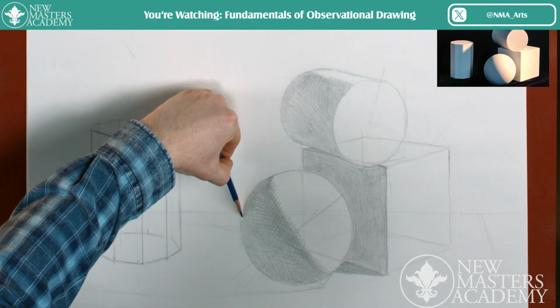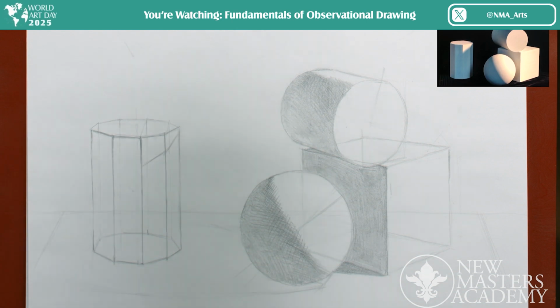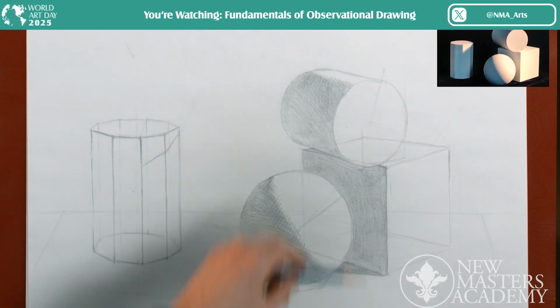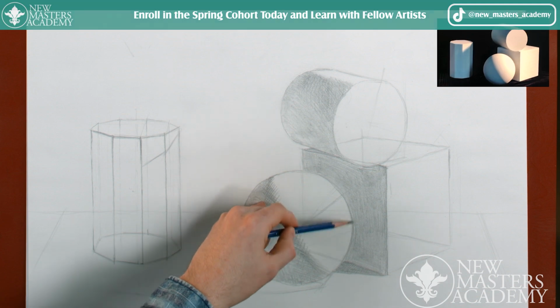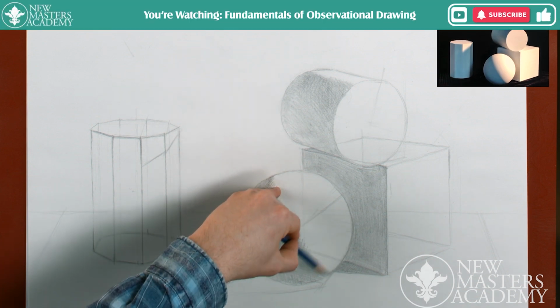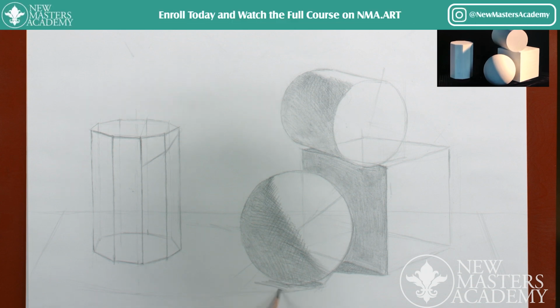I'm going to clean up some of these edges, make them a little more obvious, the outer edges of our forms, our geometric solids. And now it's time to place our cast shadow, which is going to be a darker tone in order to lock in our reflected light.